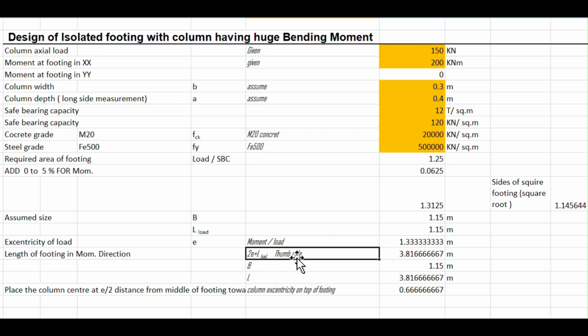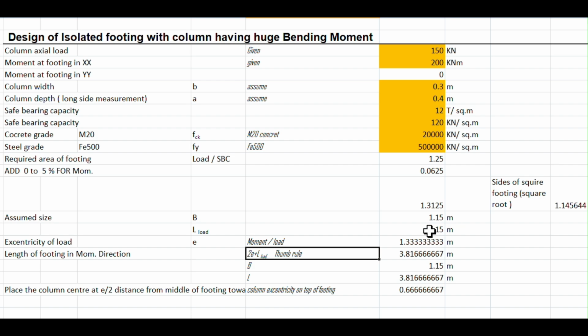For that we are assuming that the length of footing in the moment application direction is taken as 2 times the eccentricity plus L load.